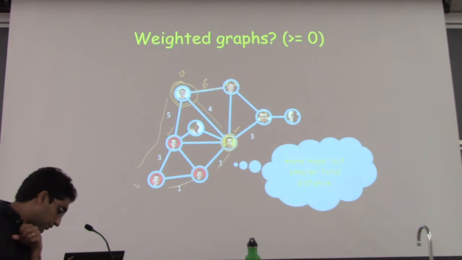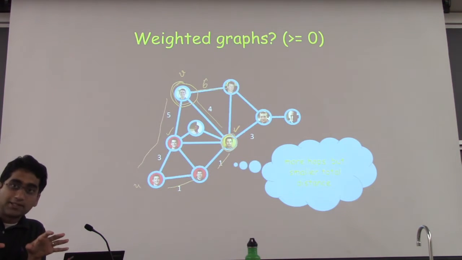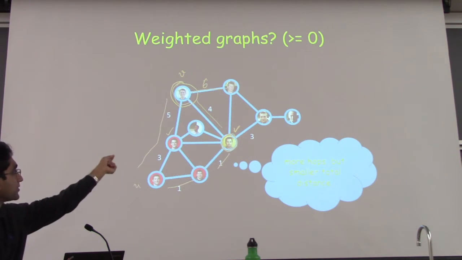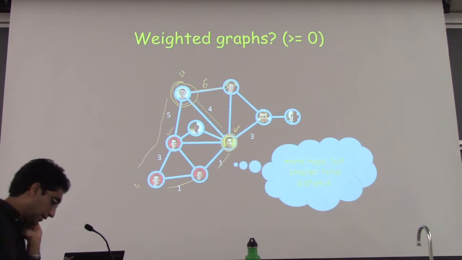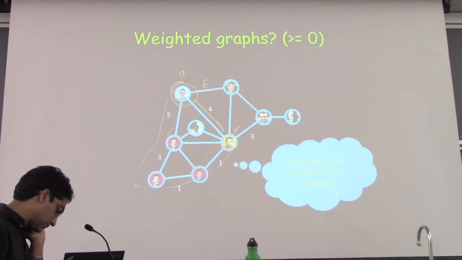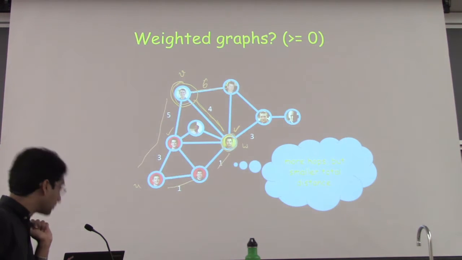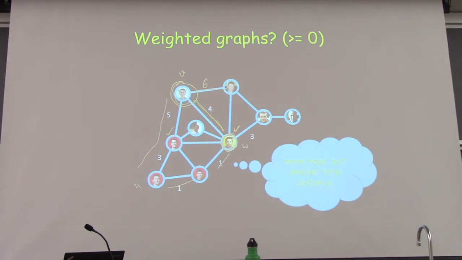If you want to find the shortest paths out of this vertex, then you really want to start exploring this guy first. And you're guaranteed that for this vertex, let's call this W, the shortest path from V to W is actually 4.